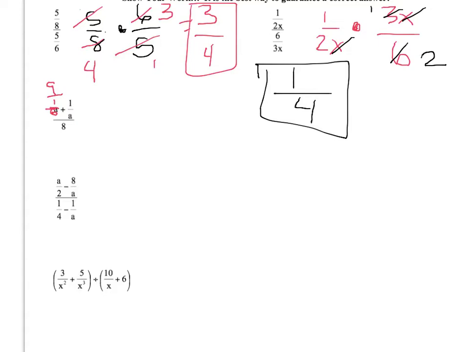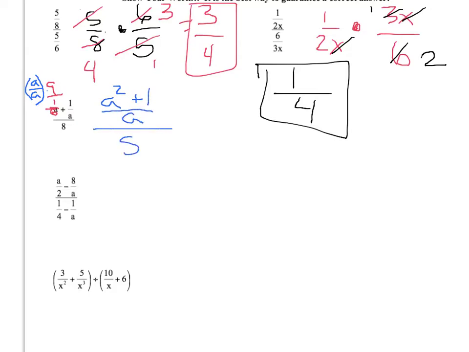Then you look for a common denominator between 1 and a. That common denominator is going to be a, so the first piece I need to multiply by an a. A times a is going to be a squared. Second one is fine, it already has an a in that denominator. So it'll be a squared plus 1 all over a.